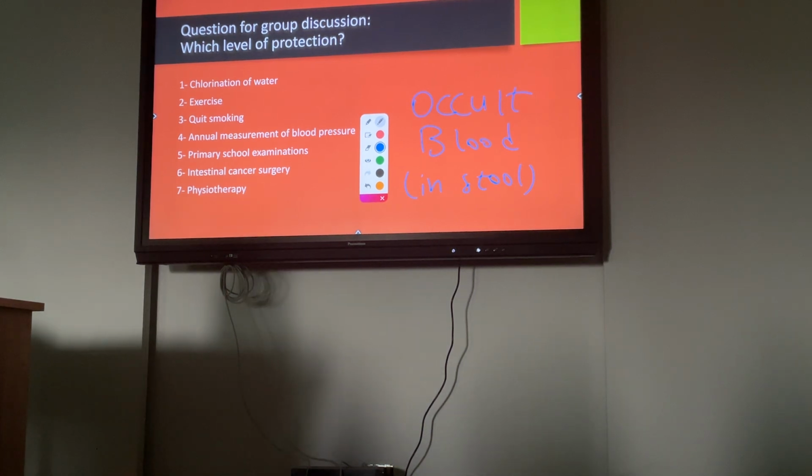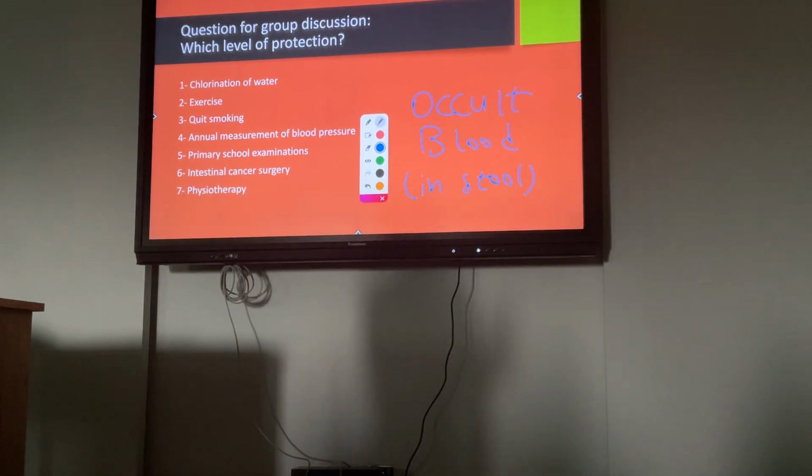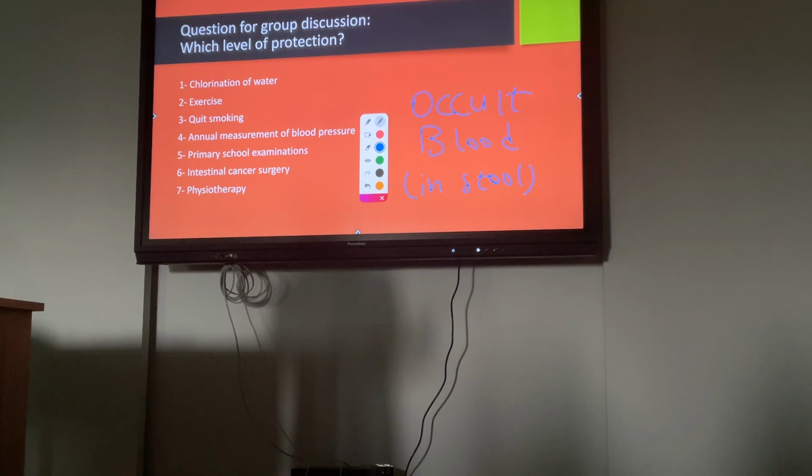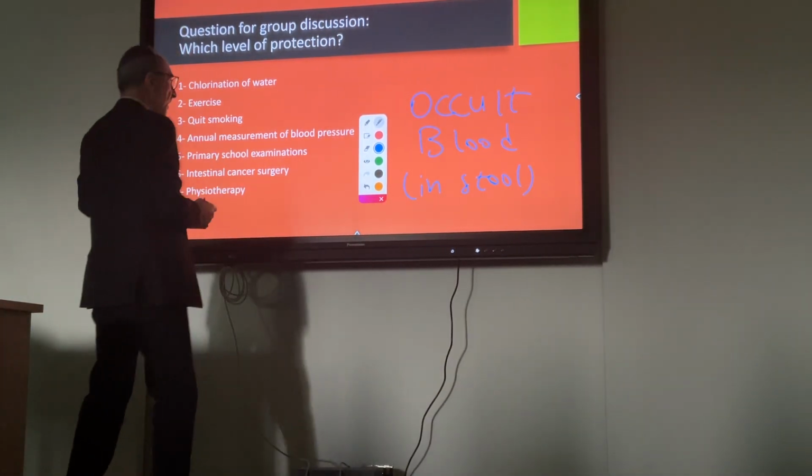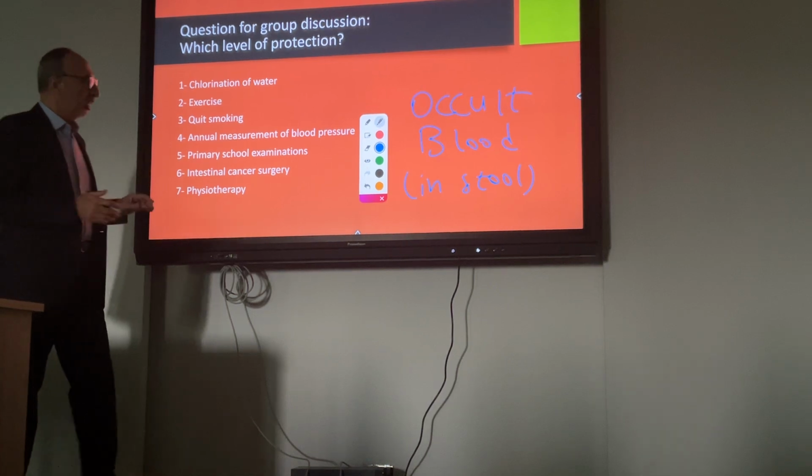But if the patient has overt bleeding, weight loss, and some pains, and refers to the clinic, and after referring due to signs and symptoms, we discover that she or he has intestinal cancer, it should be tertiary prevention. Okay? So the distinction between secondary and tertiary in some cases may not be simple.